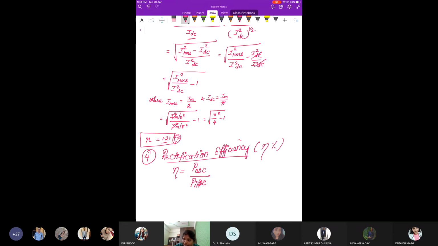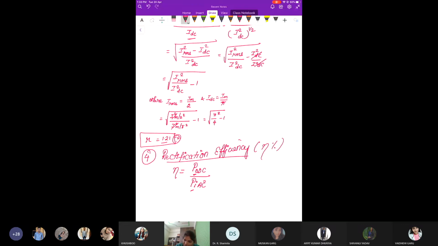For the rectifier the input is AC and the output is a DC value. So the efficiency is measured by the output DC power divided by the input AC power.